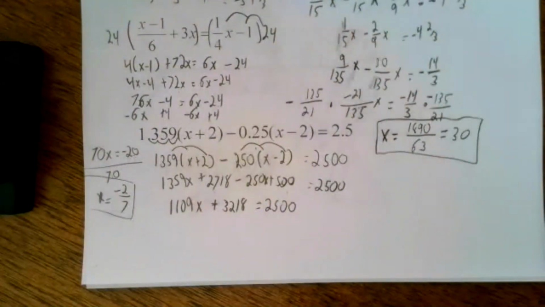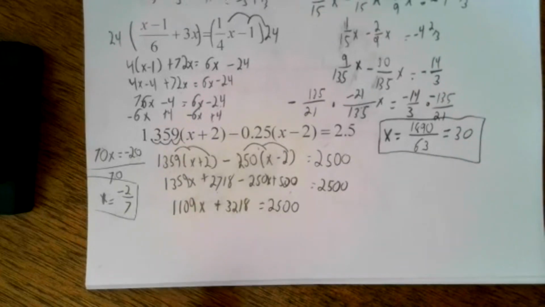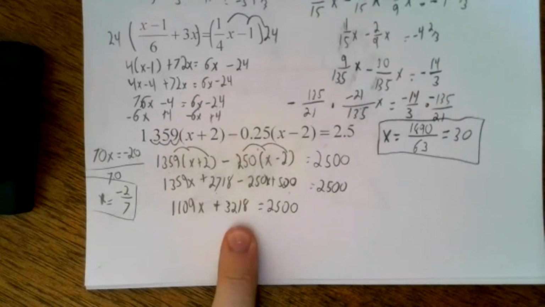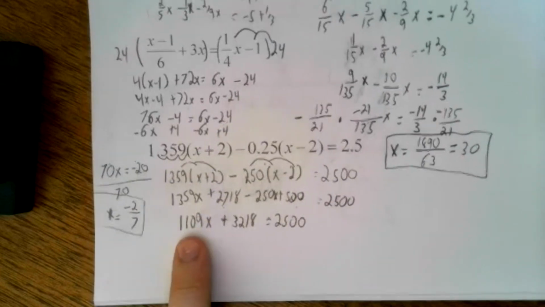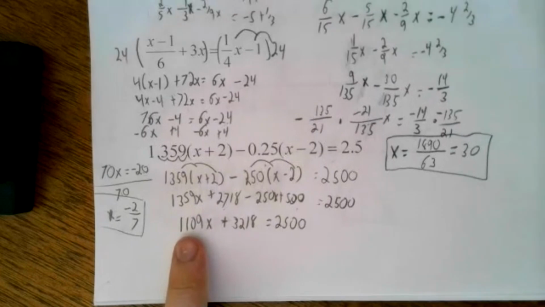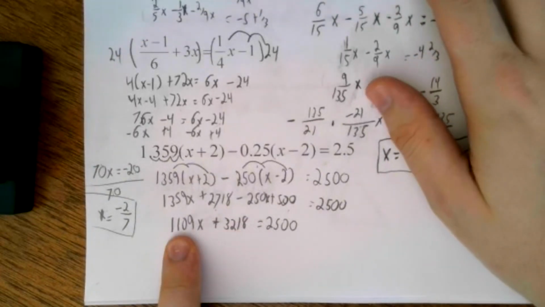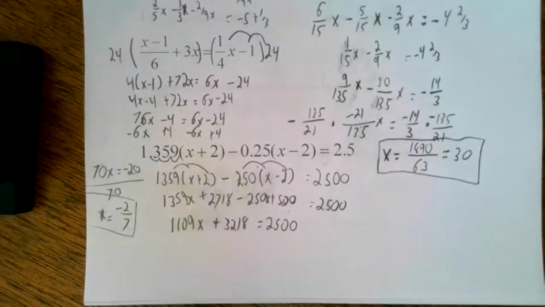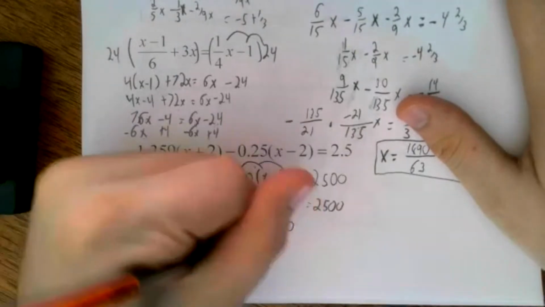So I have two options, right? I can either divide by 1,109 on both sides, or I can subtract 3,218. If I divide by this 1,000 number first, I have to divide everything by it. So I'm going to have to divide this by this as well. And I don't necessarily want to do that because I might get fractions again, right? So I'm going to subtract first. So subtract 3,218 on both sides.